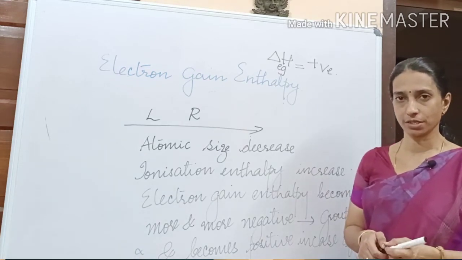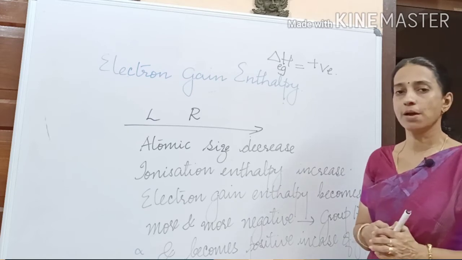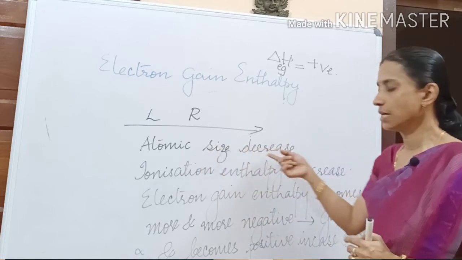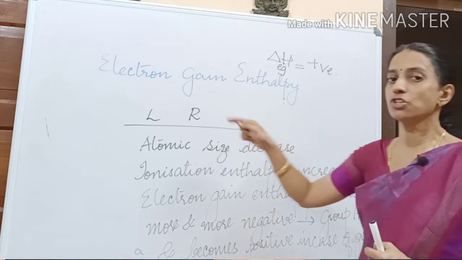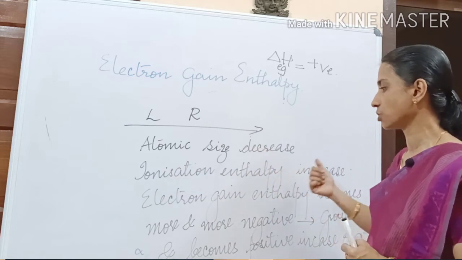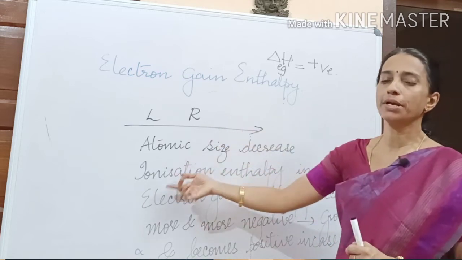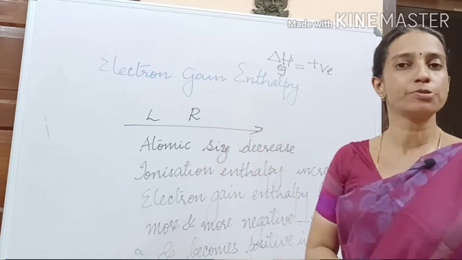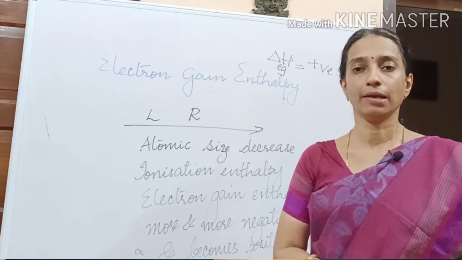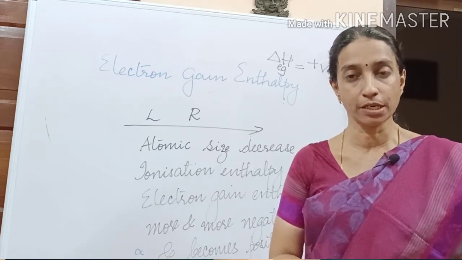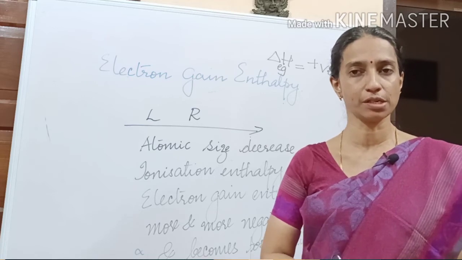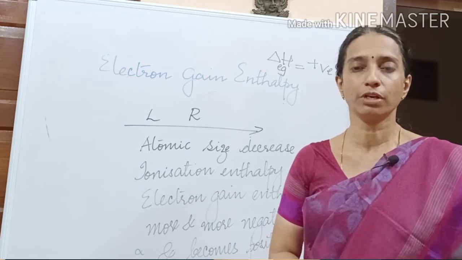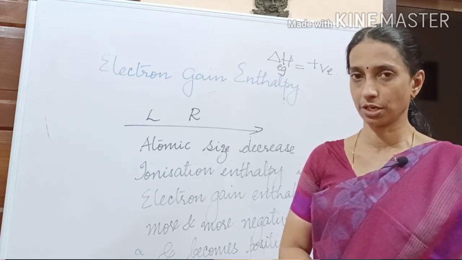So this is the trend. As we move from left to right in a period, the atomic size keeps on decreasing, the ionization enthalpy keeps on increasing, and electron gain enthalpy becomes more and more negative up to group 17. And when it reaches group 18, which has extra stability, energy is absorbed there in order to convert it to a more unstable configuration.